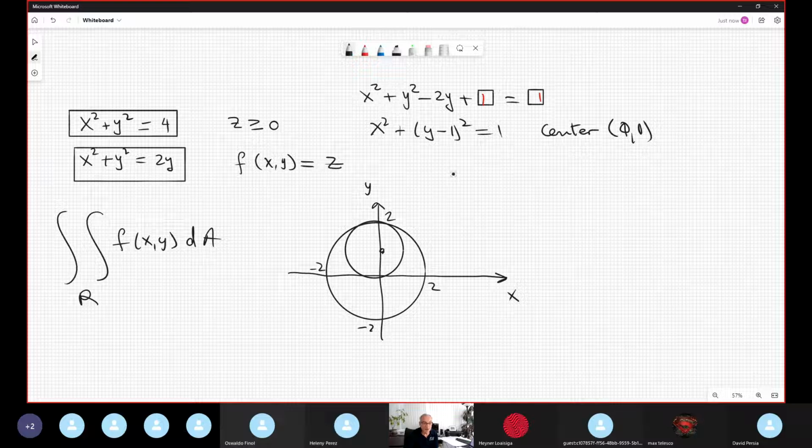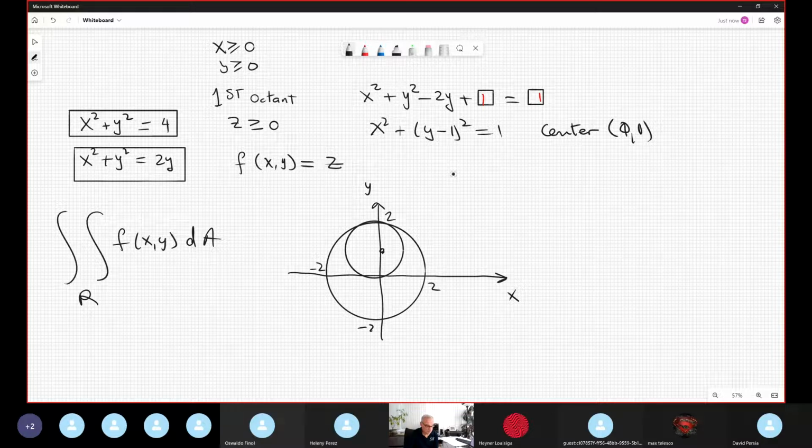In the first quadrant, in the first octant, to say it. Octant means everything is positive: x is positive, y is positive, and also z is positive.